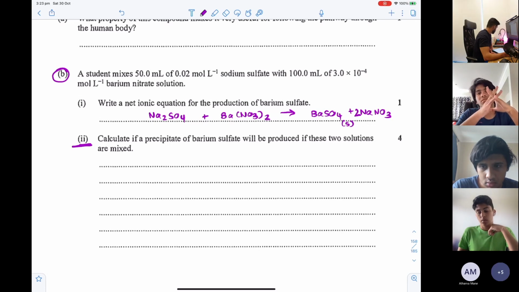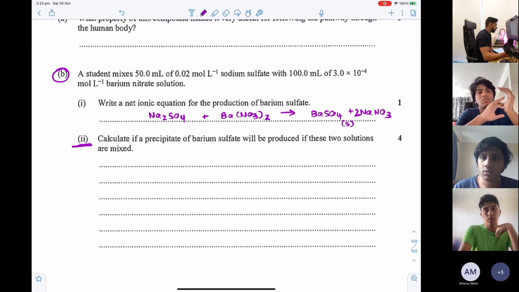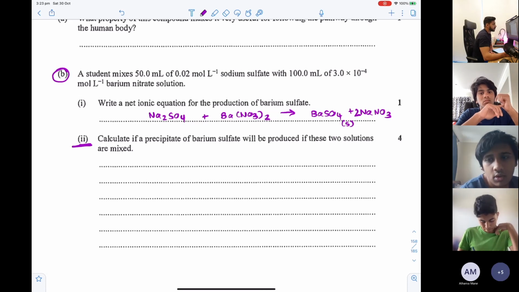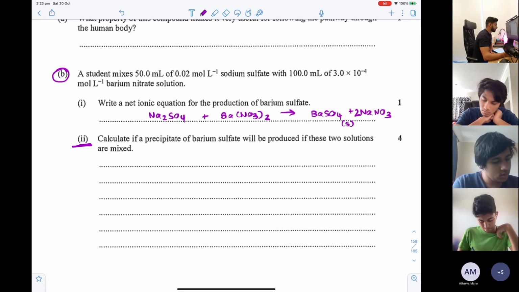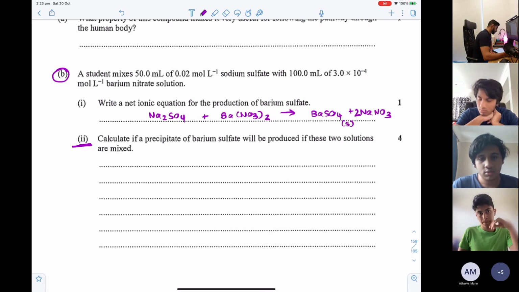Yeah, so lead, silver, mercury, right? Give me one more. Calcium. Good. Calcium, and then we've got barium written right here. Very good. So your sulfates are all soluble except for the ones we've just mentioned here. Everything else is aqueous.